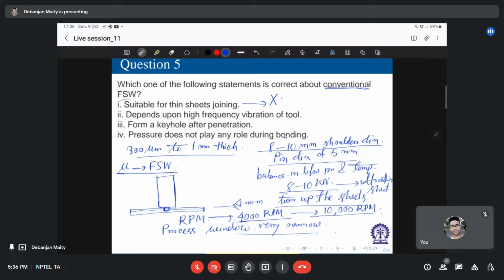So on one hand you are increasing your RPM so that the heat generation will be high. On the other hand, you are trying to balance the pressure generation, right? If the axial load is very high, it can tear up the sheet material. And another disadvantage in micro friction stir welding is that because there is downscaling of the sheet thickness, you have to downscale the tool dimension.